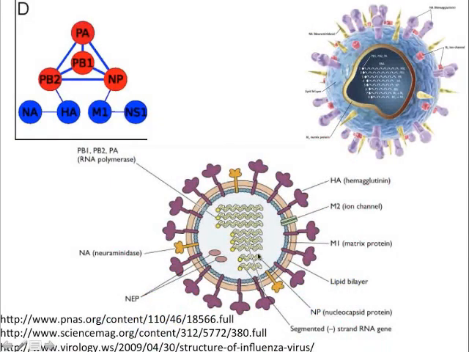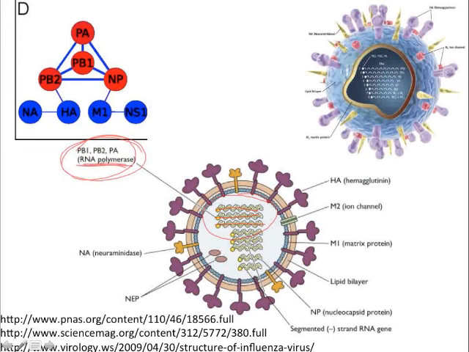What that graph means is, in terms of this reassortment process, you've got your virus here, and in your virus you've got these 8 different RNA segments. Three of the segments, PB1, PB2, and PA, all encode for RNA polymerase.